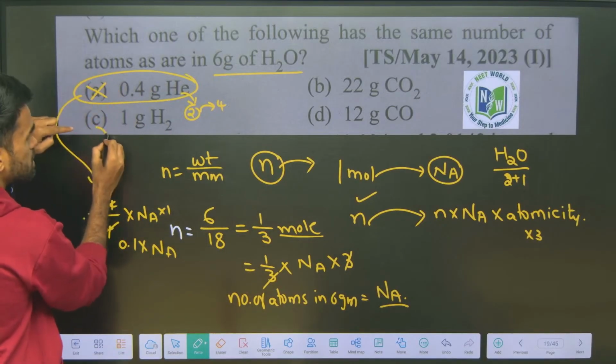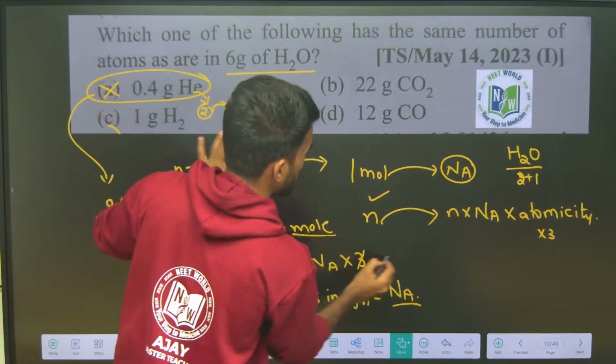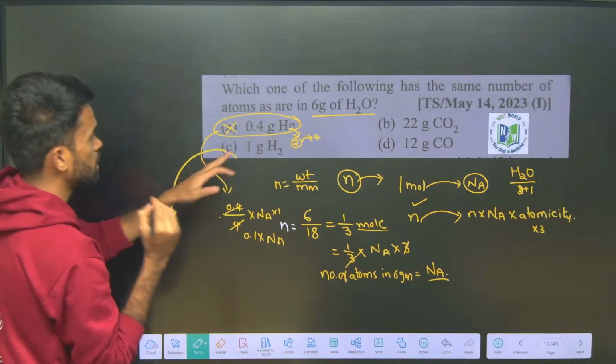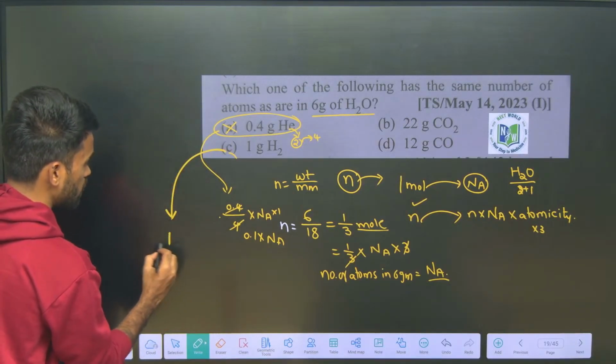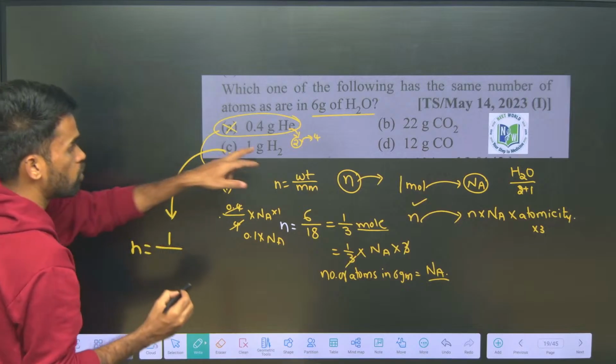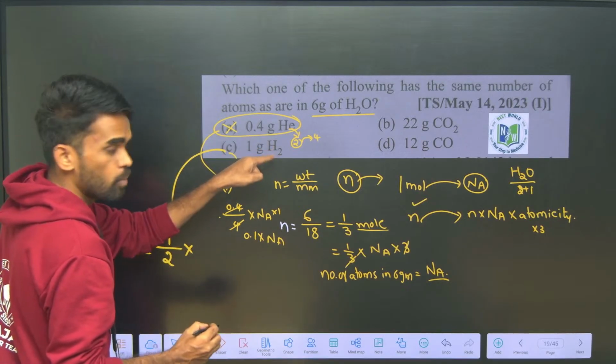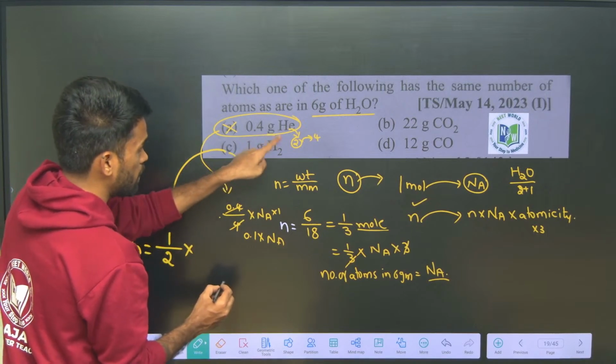Next, check option C, so that we will get the direct answer here, because I know this by looking at the question. 1 gram is the given weight, and the molar mass of hydrogen is 2, multiplied with the atomicity for H2.